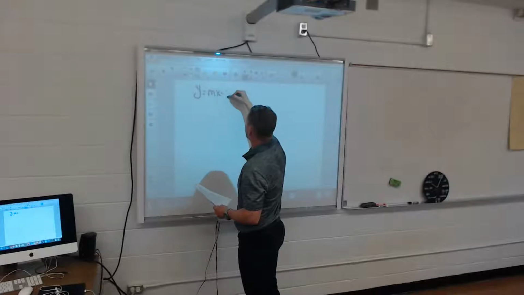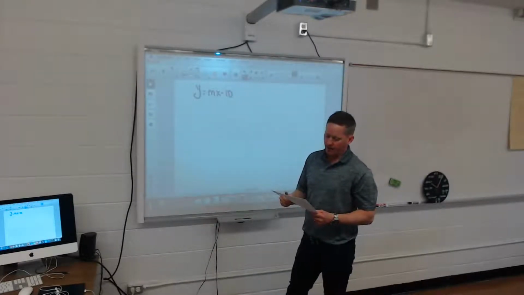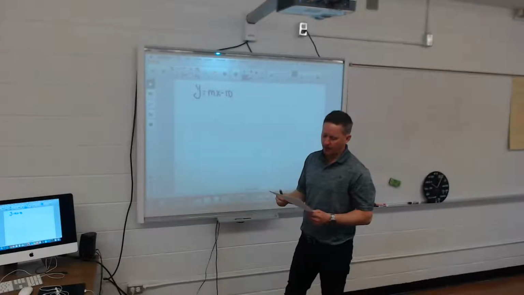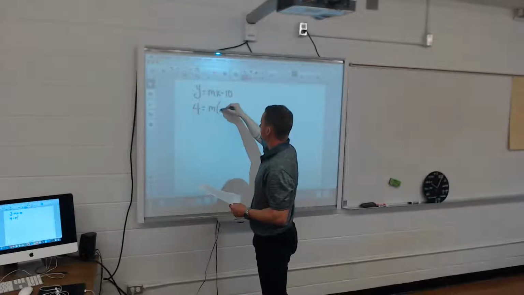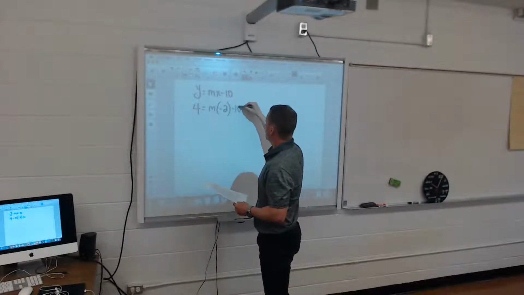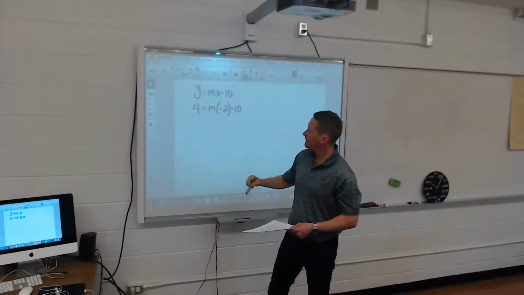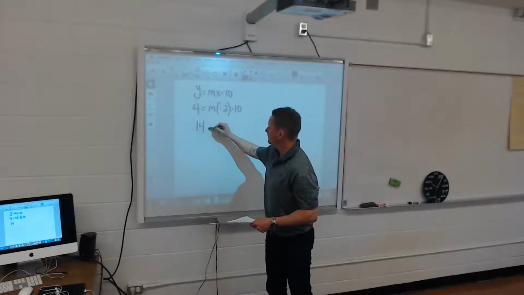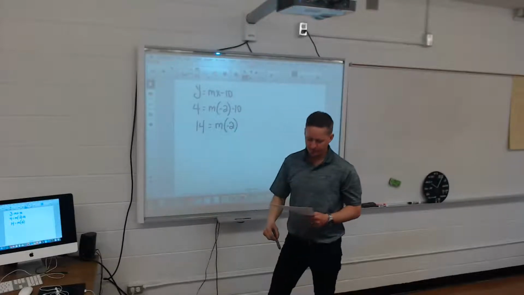Okay, so the next one, they give you the y-intercept, and they want you to find the slope. So same idea, determine the value of m if the line passes through the point -2 and 4. So 4 is equal to m times -2 minus 10. I'm going to add 10 to the other side. 14 equals m times -2.